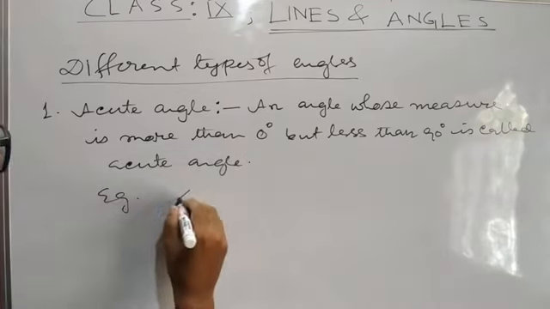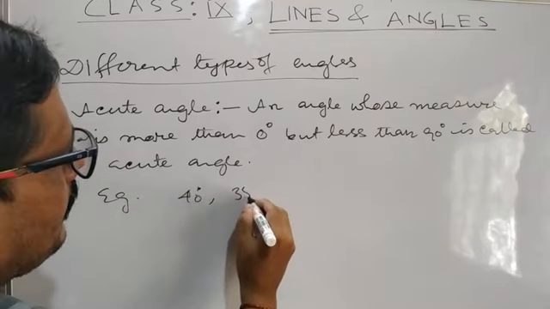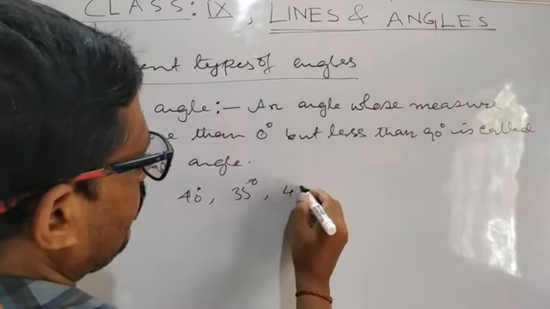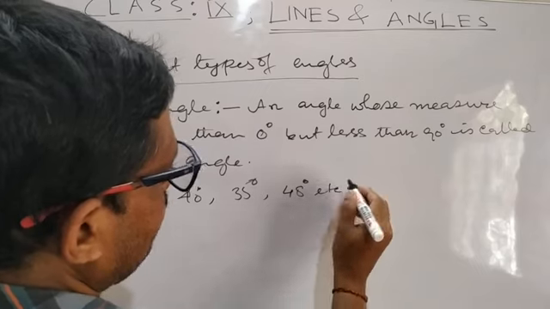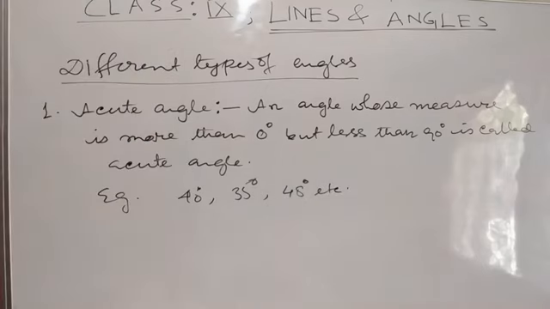Example, some measures are 40 degree, 35 degree, 48 degree, etc. These are acute angles.